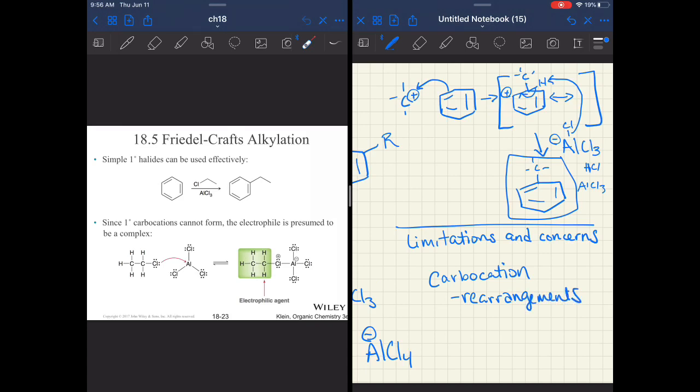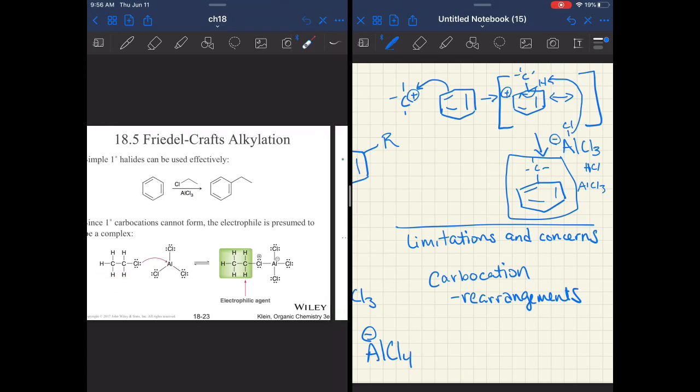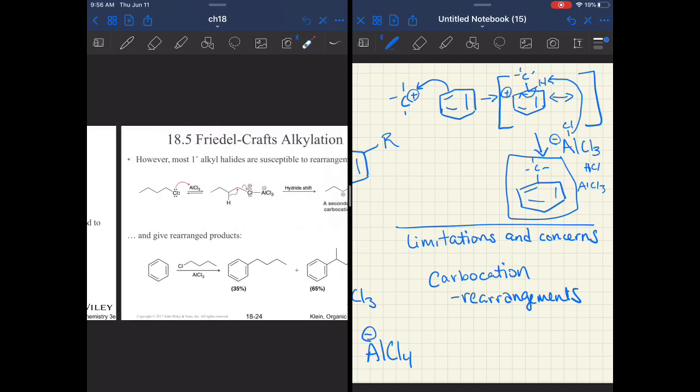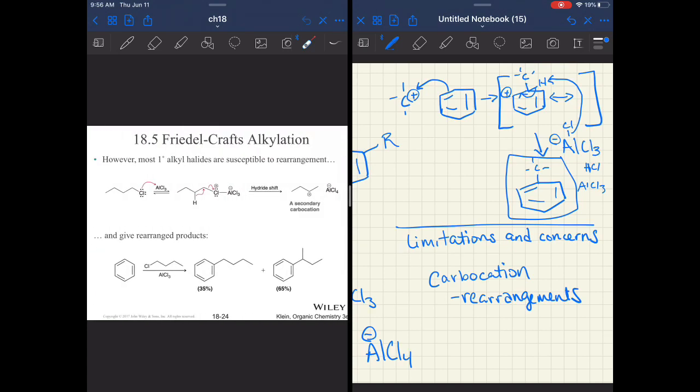So if you're adding something small like this ethane, well, it's not going to rearrange. This C plus isn't going to be any more stable on this carbon. However, if you have a longer straight chain and you are creating a plus charge on a primary carbon, it's going to rearrange.